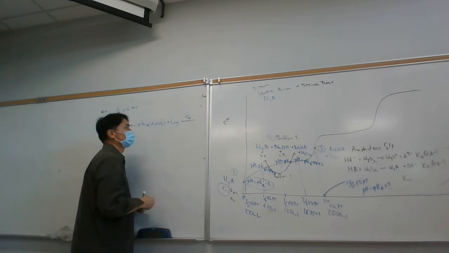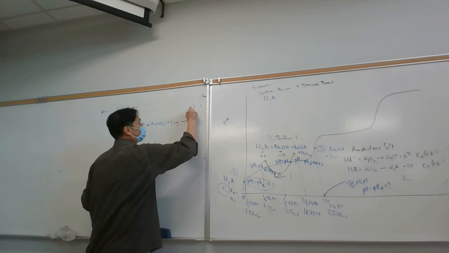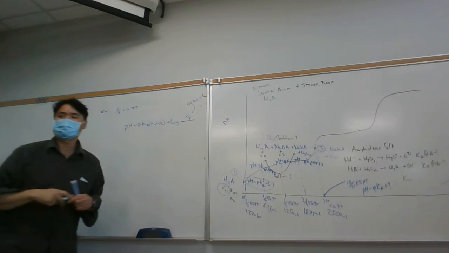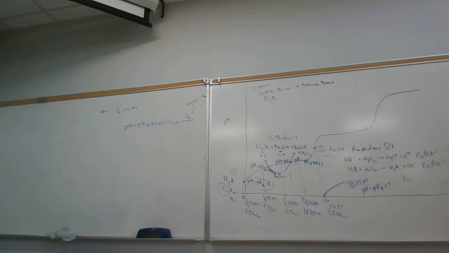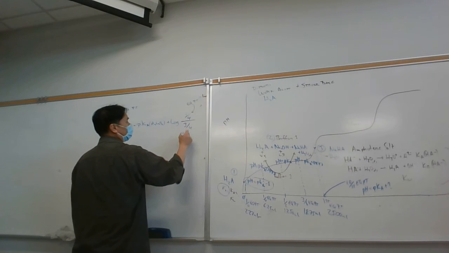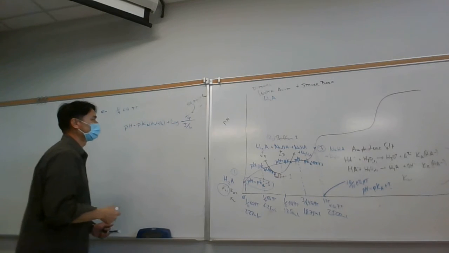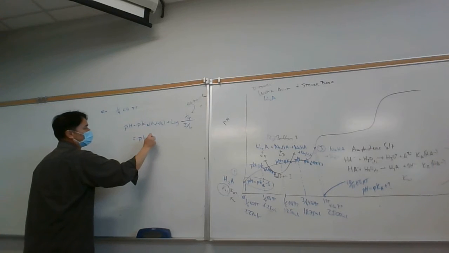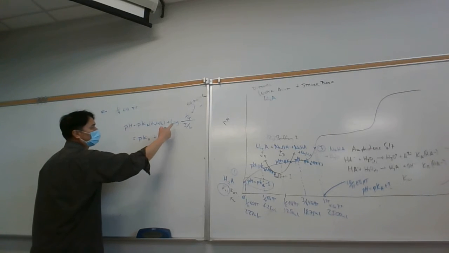So this is the equivalence point here. If 1/4 of it has been converted, how much remains unreacted? 3/4. So it's 1/4 divided by 3/4. So what I'm going to do is invert and multiply. So this is equal to pKa plus the log of 1/3.